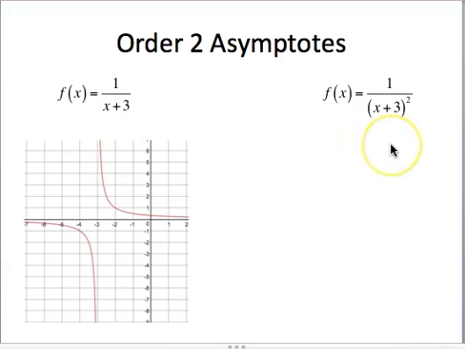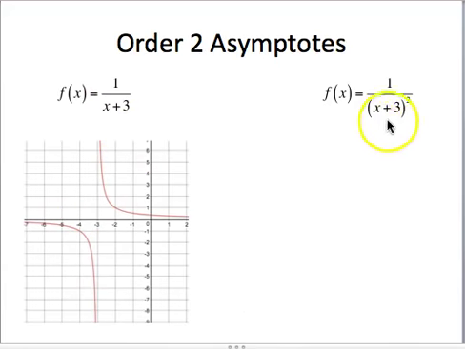But if instead I had x plus 3 squared downstairs, so think about this. In this case, negative 2.9 plus 3 is a positive number. 1 over a small positive number is a large positive number. Negative 3.1 plus 3 would be a small negative number. 1 over a small negative number is a large negative number.